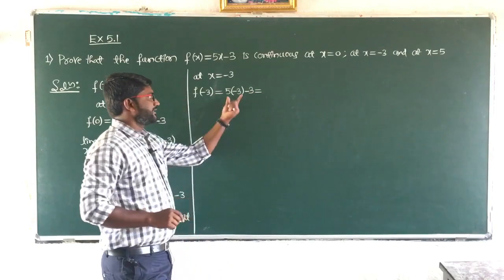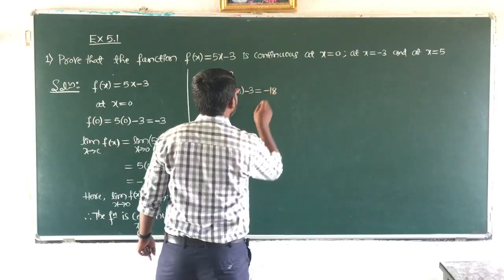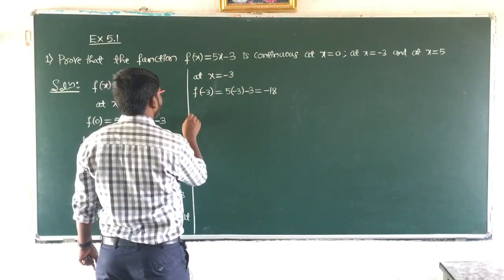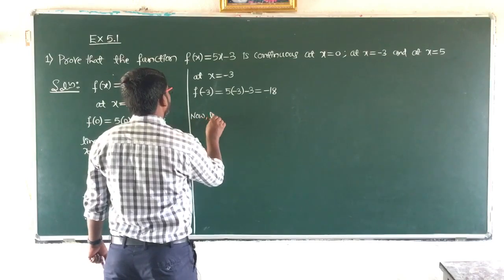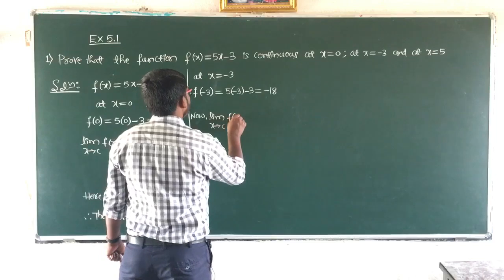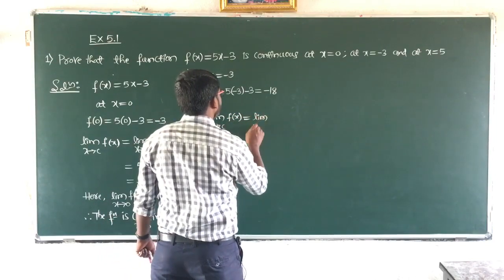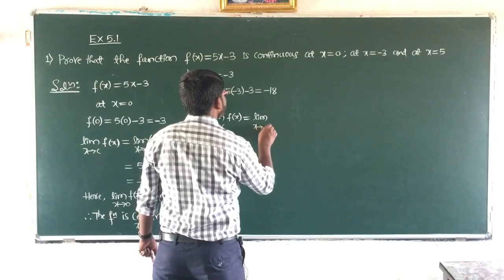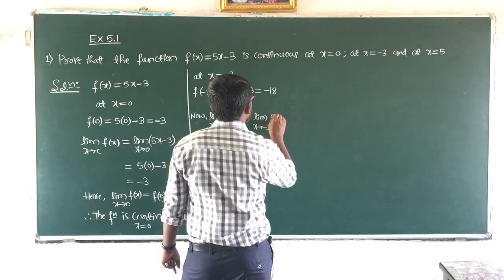It is minus 15 minus 3, which is minus 18. Now I have to go for the limit of the function. Limit x tends to c f of x, which is equal to limit x tends to minus 3 of f of x, that is 5x minus 3.